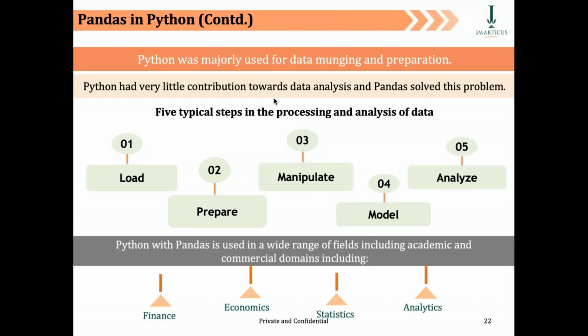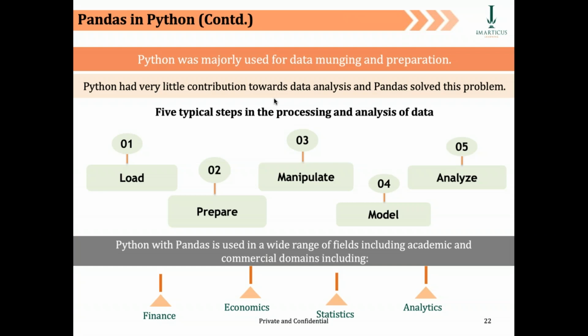So what are the data manipulation steps? As we know, we are using pandas for data preparation and data munging. That is the reason it follows proper steps, what we call 5 steps. First is load.